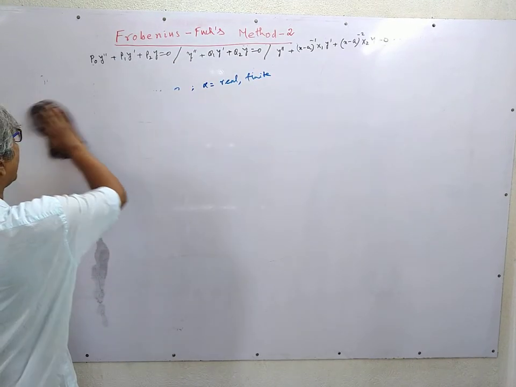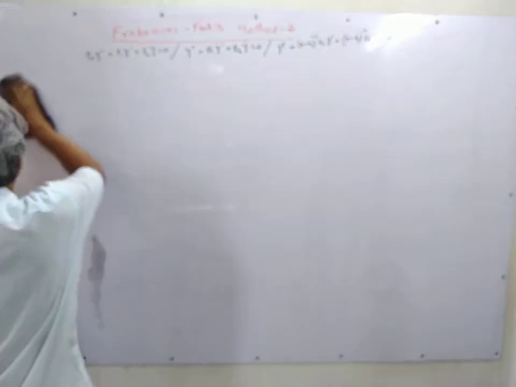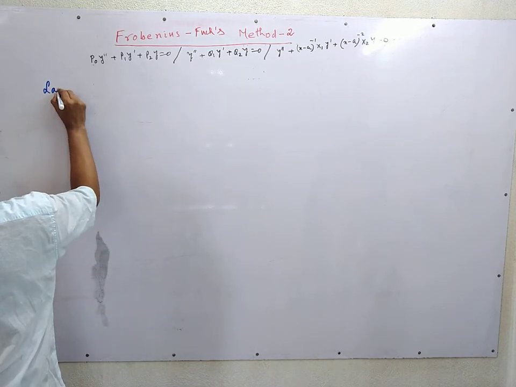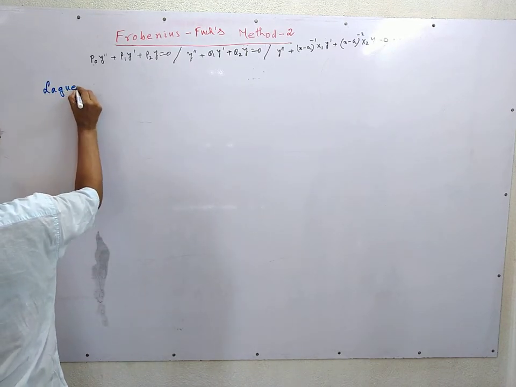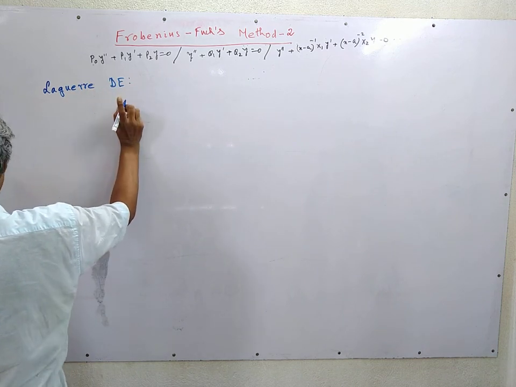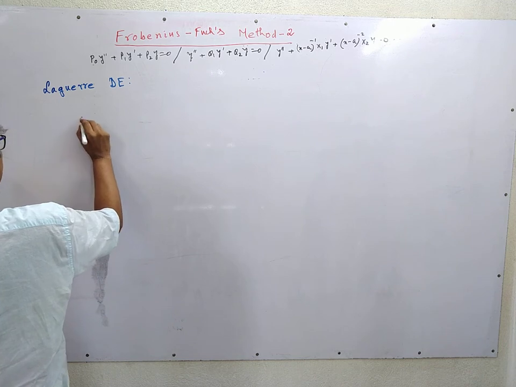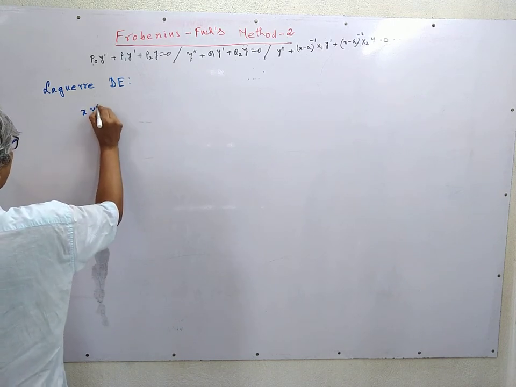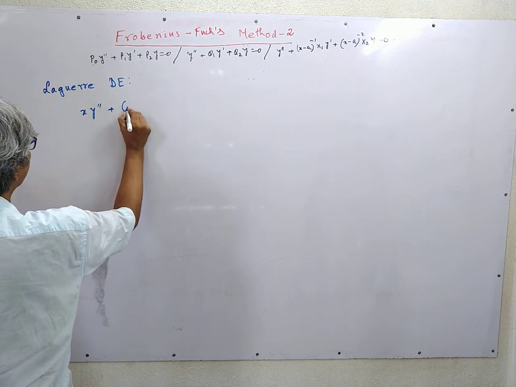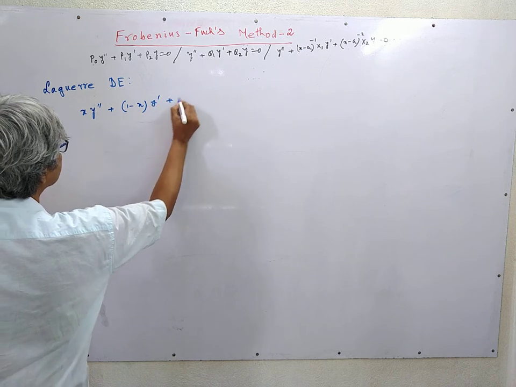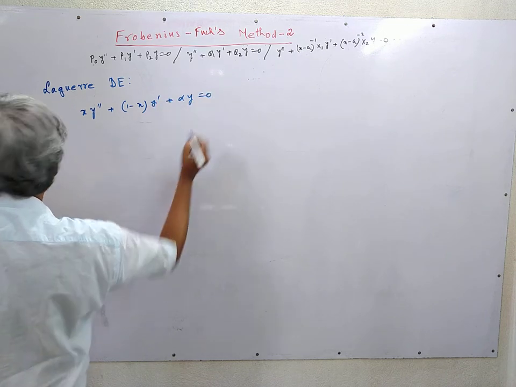The Legendre differential equation, or strictly speaking the associated Legendre differential equation, arises when one wants to solve x y double prime plus 1 minus x y prime plus alpha y is equal to 0.